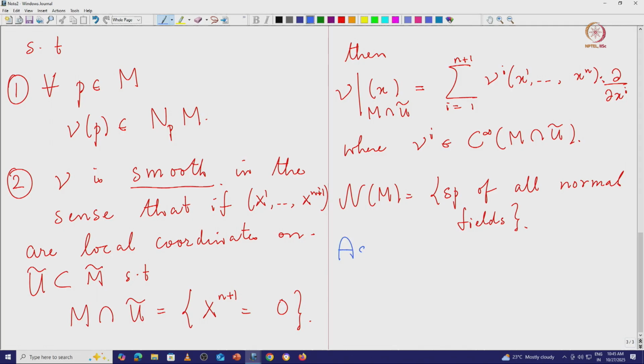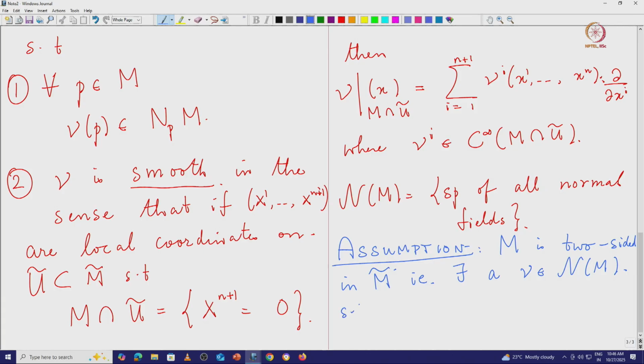So my standing assumption throughout these two lectures on the geometry of submanifolds is that M is two-sided in M tilde, which basically means the following: there exists a normal field such that the norm of this normal field is identically 1.